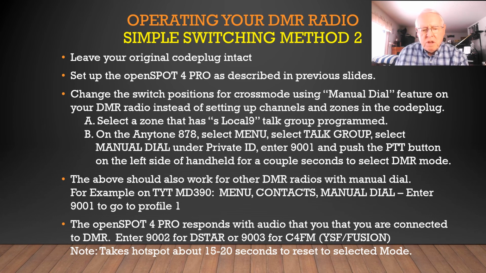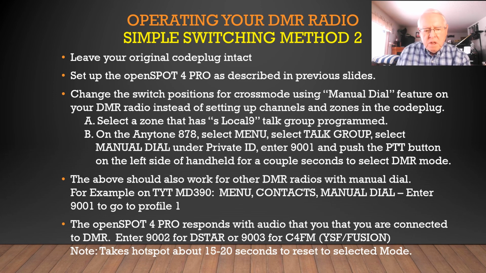This should also work for other DMR radios that have a manual dial and maybe has a built-in code plug which you don't want to mess with. For example, on the TYT, the MD390 I have, you can press menu and then contacts and manual dial, enter the number 9001, 2, or 3, and it'll go to the associated profile.